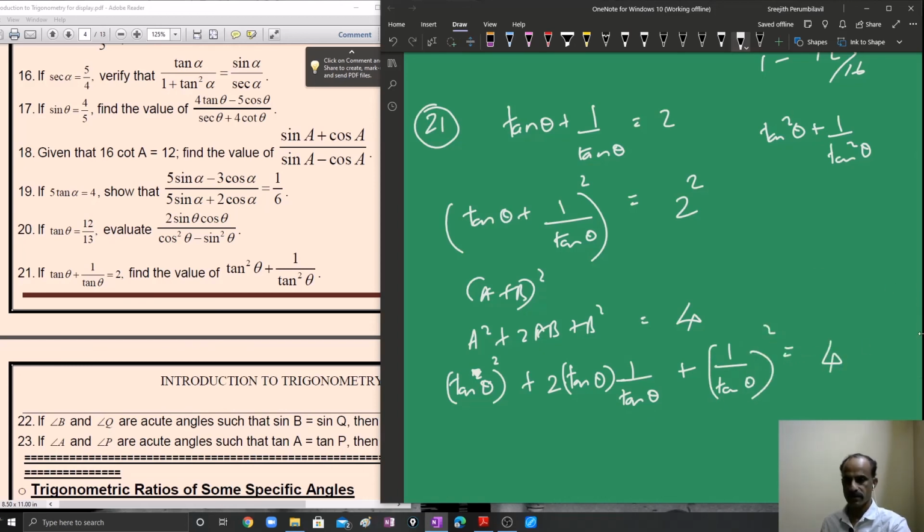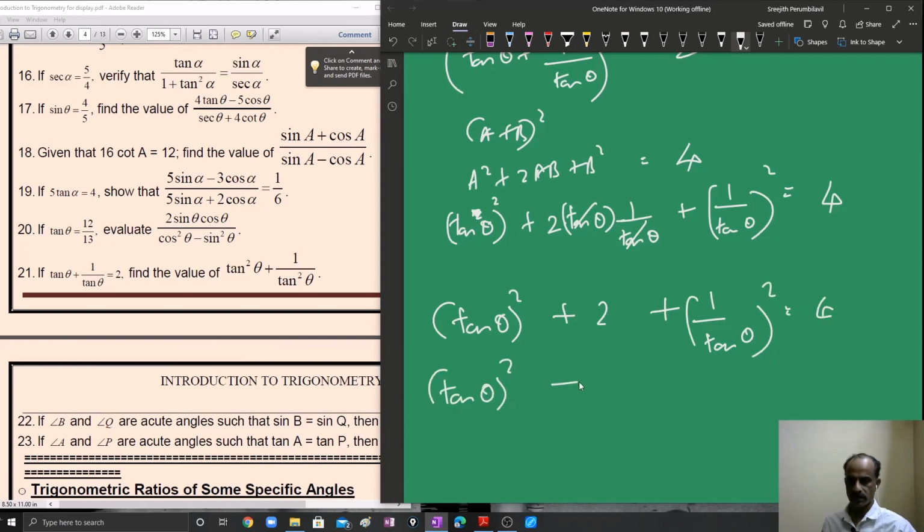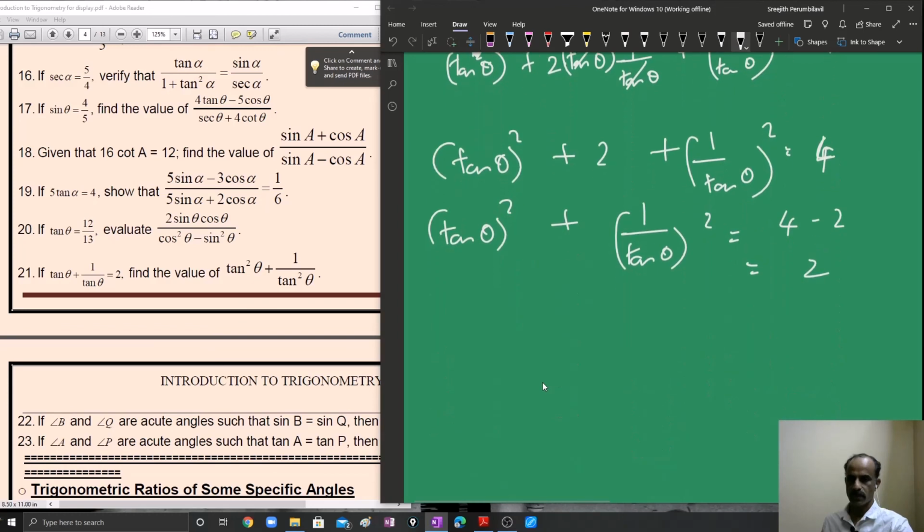You can see that this cancels. So tan theta whole square plus 2 plus 1 by tan theta whole square is equal to 4, or tan theta whole square plus 1 by tan theta whole square is equal to 4 minus 2, that is equal to 2. Okay, fine. So now what is asked?